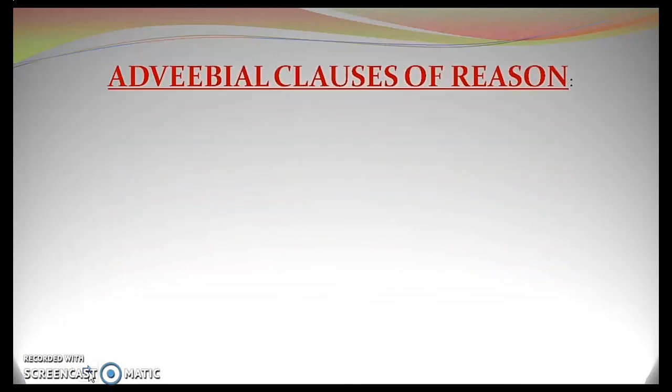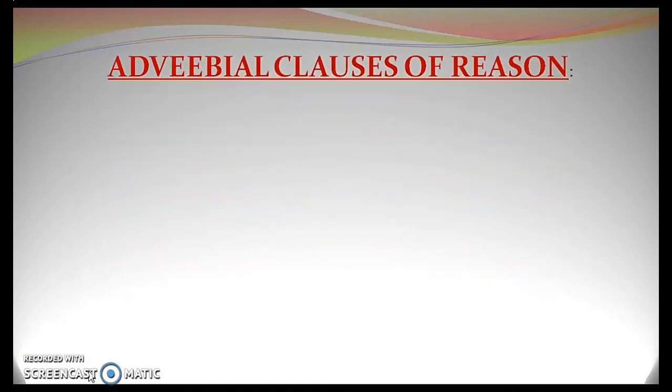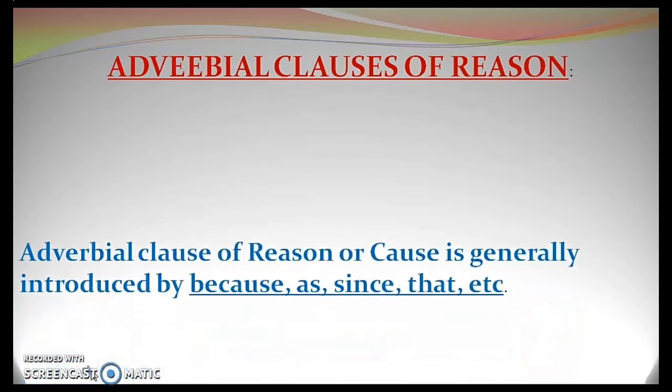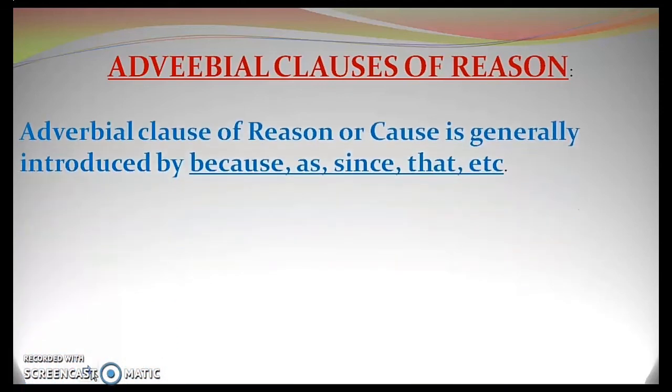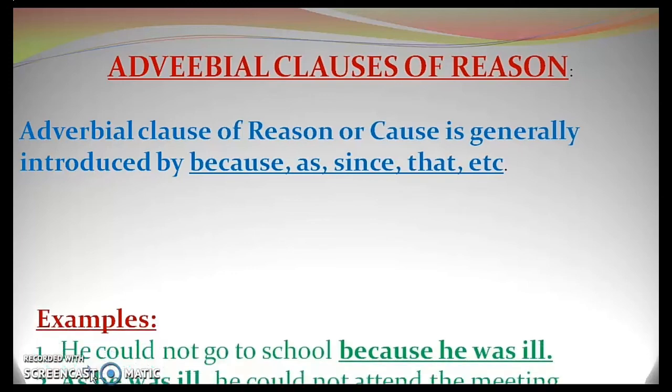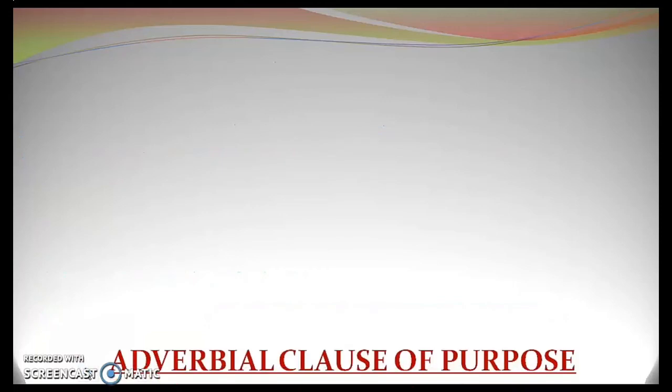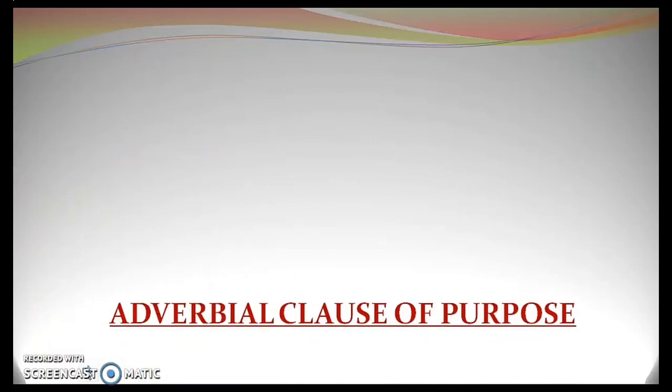Adverbial clause of reason. Adverbial clause of reason or cause is generally introduced by because, as, since, that, etc. Examples: He could not go to school because he was ill. Another example: As he was ill, he could not attend the meeting.